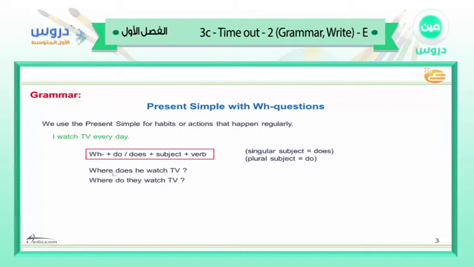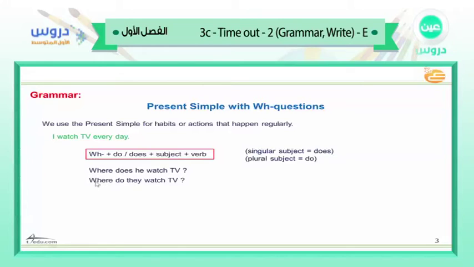For example, where, WH, does. We don't use do, we use does because he is singular, one. He does. Watch TV. Where does he watch TV?